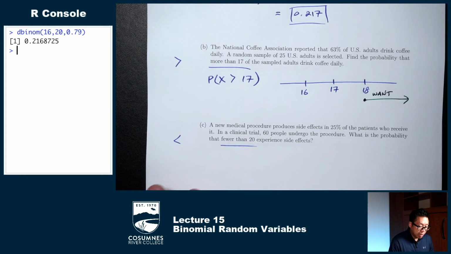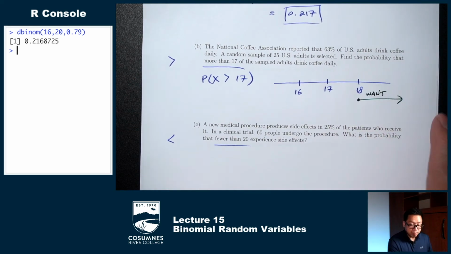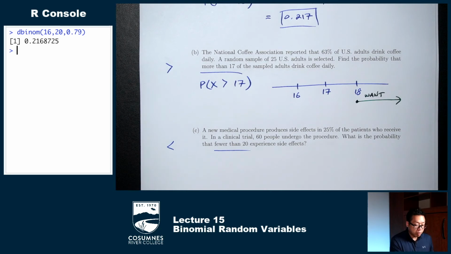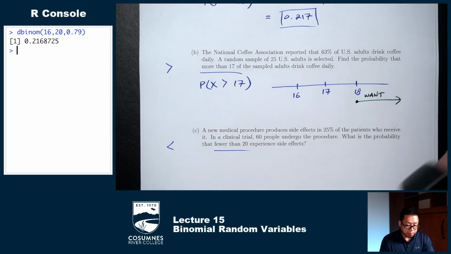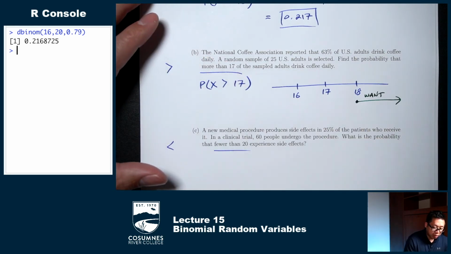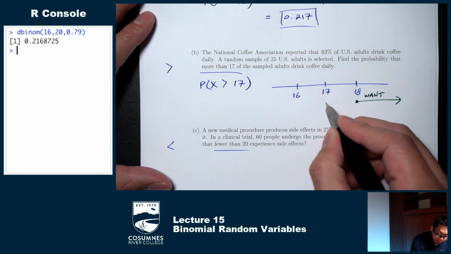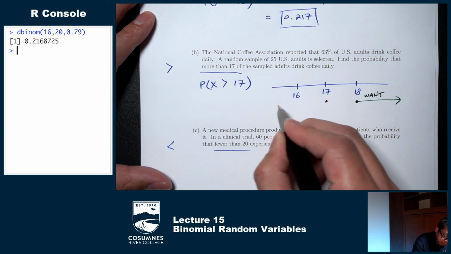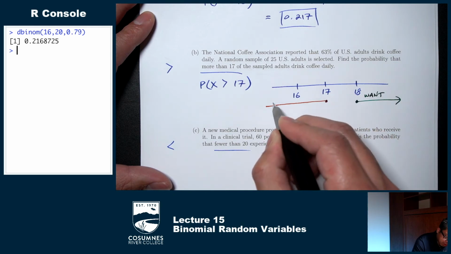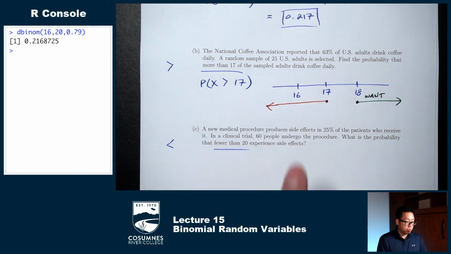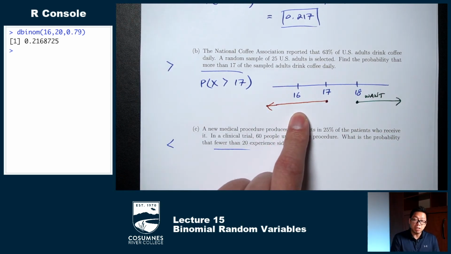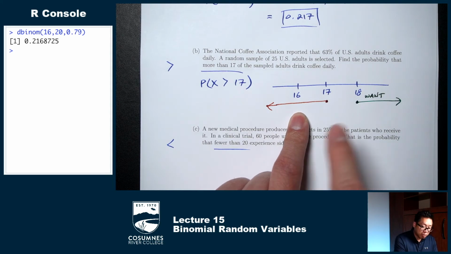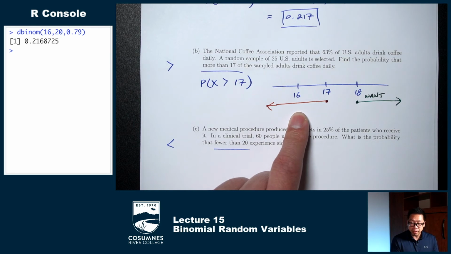So the idea here, anytime you're looking for anything that is to the right, the idea is to first look at the left part. The left part would be 17 and to the left. And the idea is rewrite that left part using a less than or equal. And then to get the right part, which is the complement, you just have to do 1 minus that. Okay?